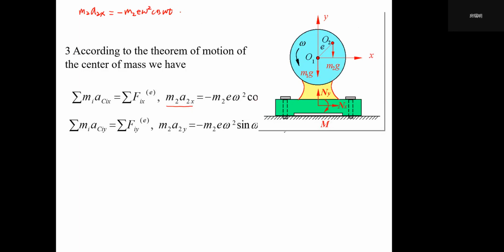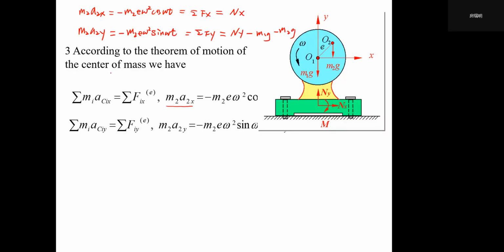Here we cannot see this clearly. It will equal what? Sigma Fx, which will equal what? Because along the horizontal line, we only have this nx, right? And we have M2 A2y, which is minus M2 E omega squared sine omega t, will equal Fy. But along the y direction, we have ny minus M1g minus M2g, right?